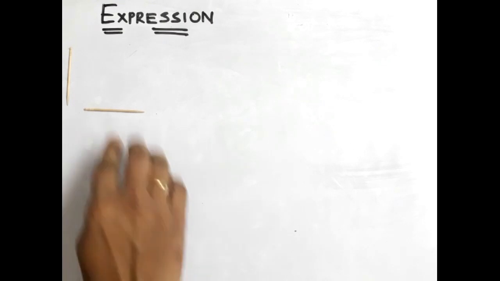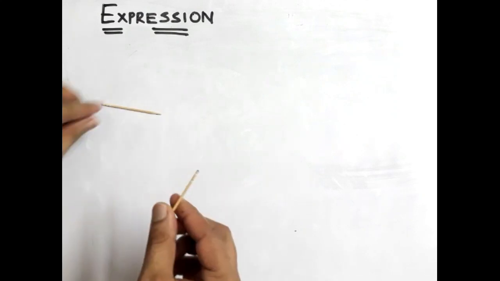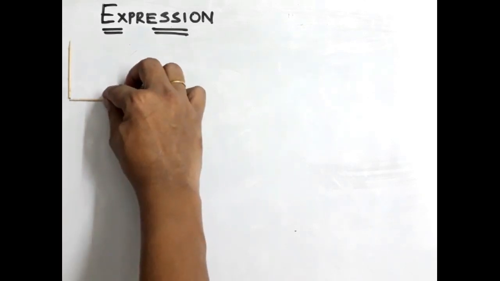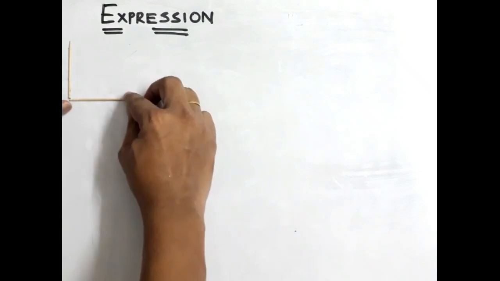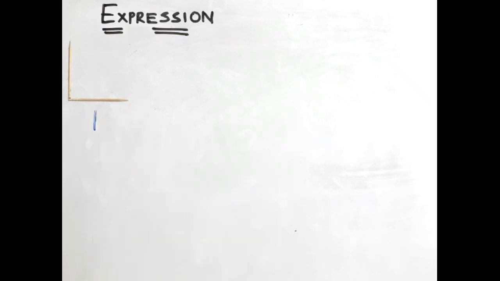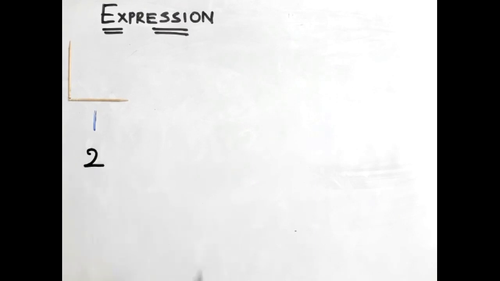Now I will explain what exactly the expression is and then the equation. In order to understand what exactly the expression is, I want to show you something. I am carrying some toothpicks with me. Using these, I want to make the letter L. For example, look. In order to make one L, how many toothpicks were required? It's very clear that we use 2 toothpicks.